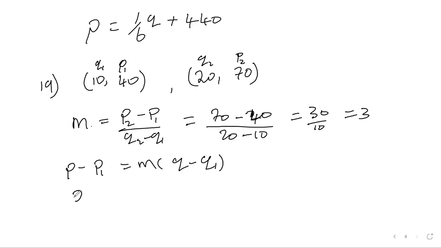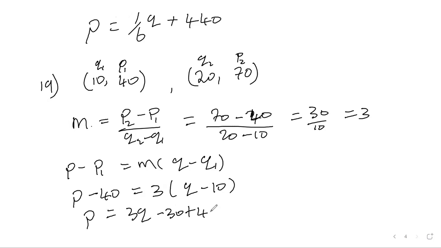Same story, right? P minus 40 equals 3 times (Q minus 10). Rearrange. P is 3Q minus 30 plus 40, which is 3Q plus 10. And the next part of the question says that we should find the cost to produce 35 units.